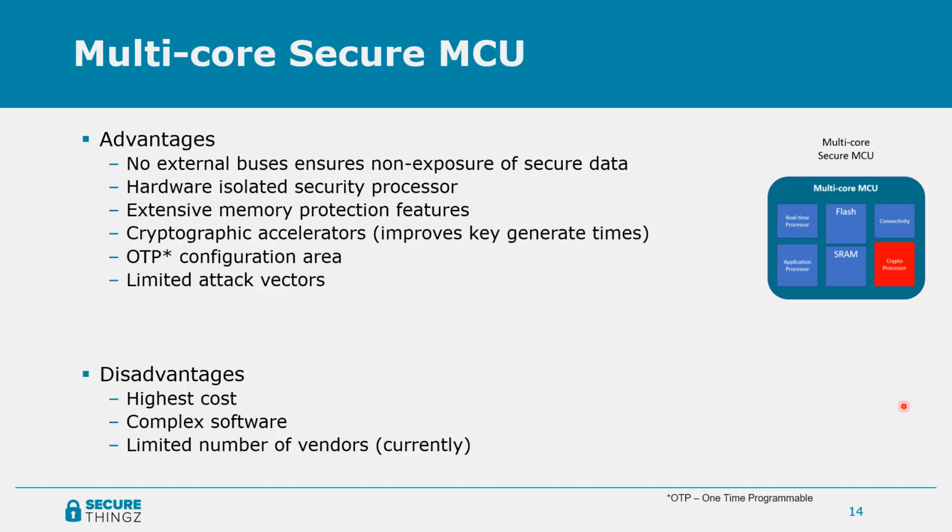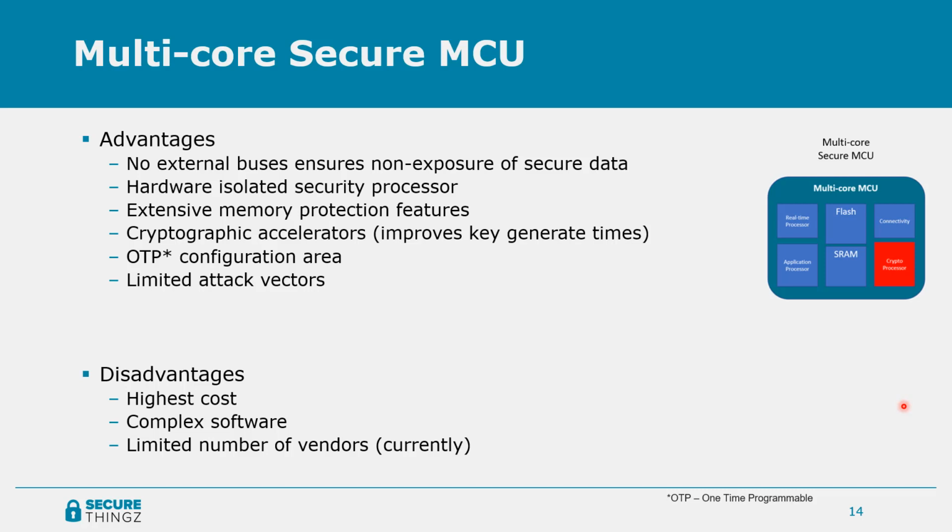So the multi-core secure MCU. The advantage of this product is there are no external buses. So this ensures that there is no exposure of the secure data. It's kept within the silicon. It's a hardware isolated security processor. In this case, the crypto processor is very secure and has been designed correctly to high security standards.